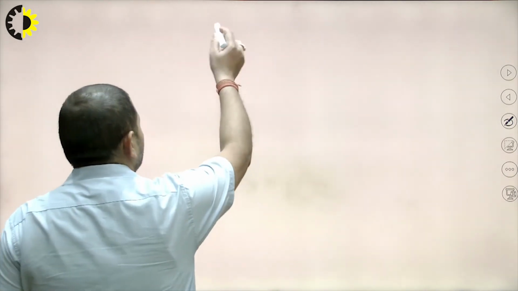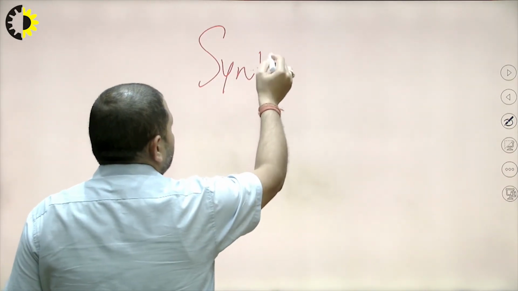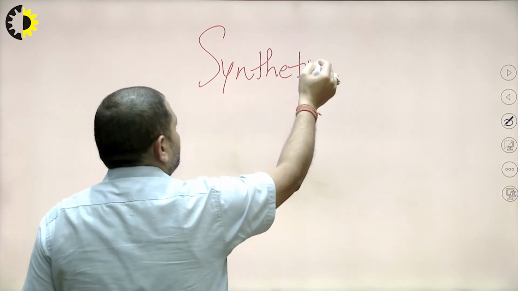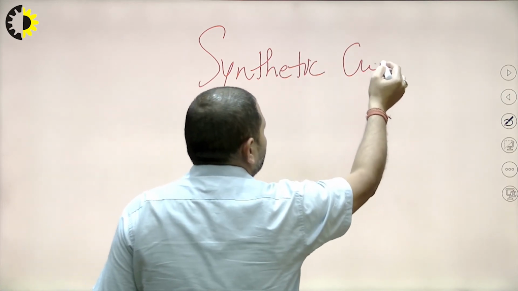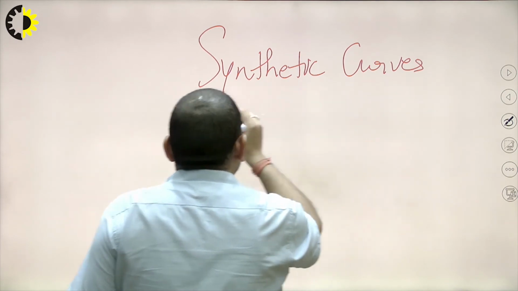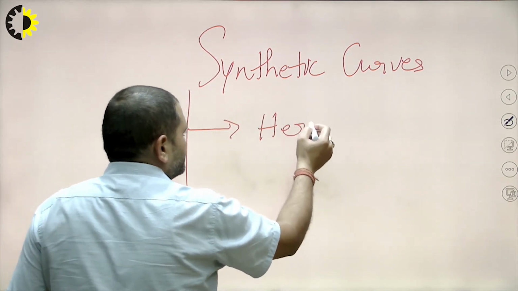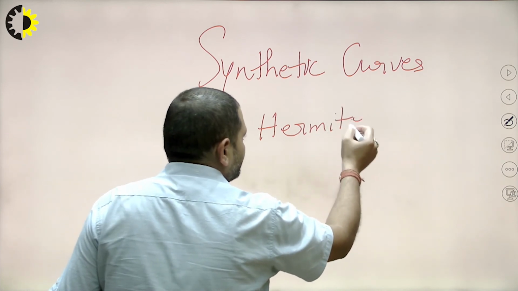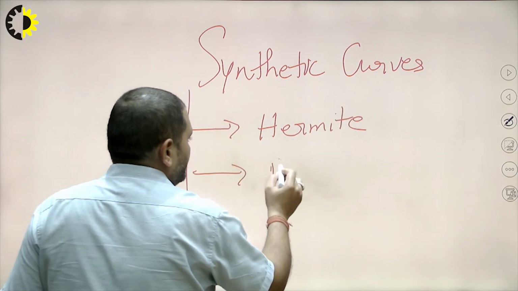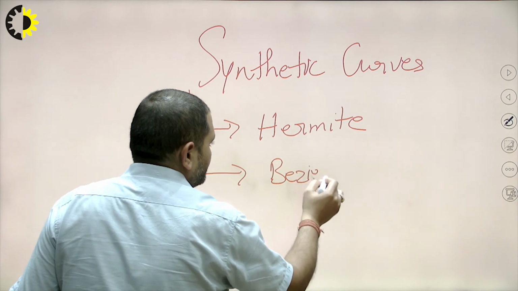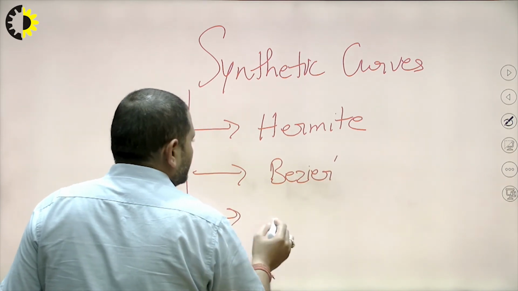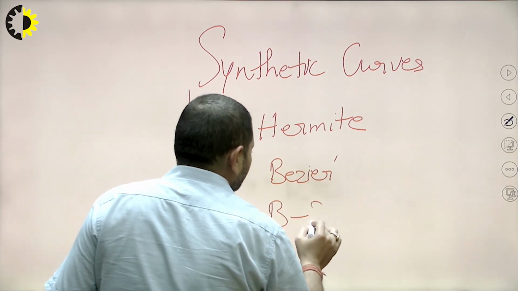Synthetic curves. Generally, there are three types of synthetic curves. First one is Hermite, second is Bezier, and the last one is B-spline.